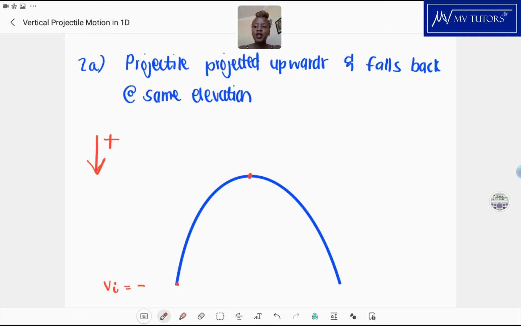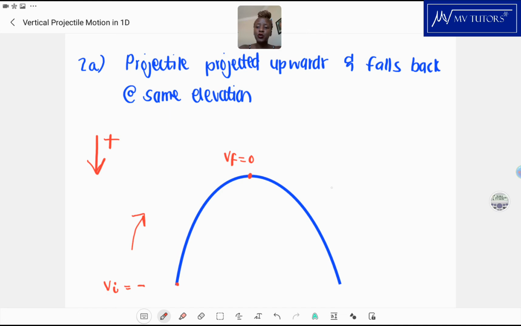When it reaches its maximum, your final velocity is 0, because it can't go back downwards if it didn't stop at some point. So you throw it up and then it stops at a certain point and it goes down again. So your final velocity there is 0, and this is the upward motion, right?